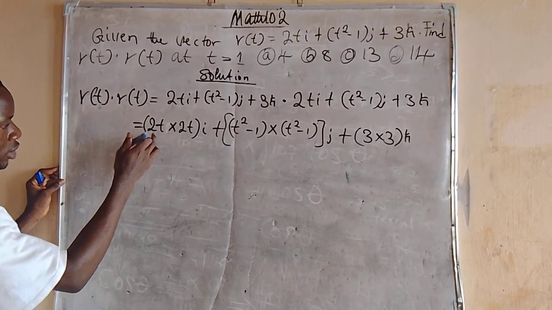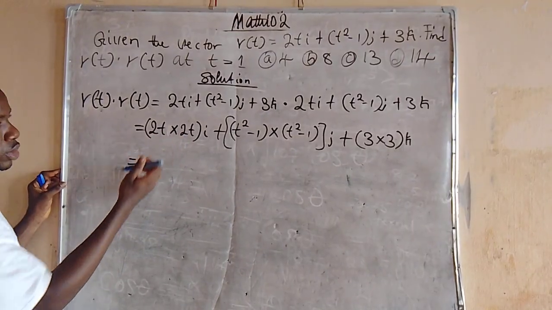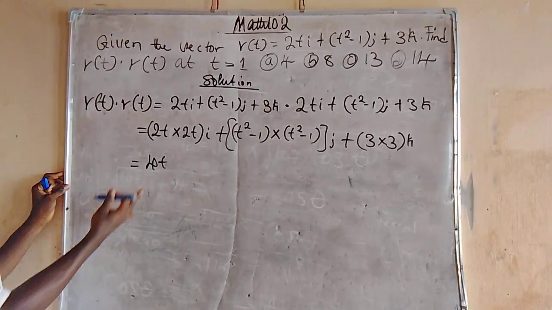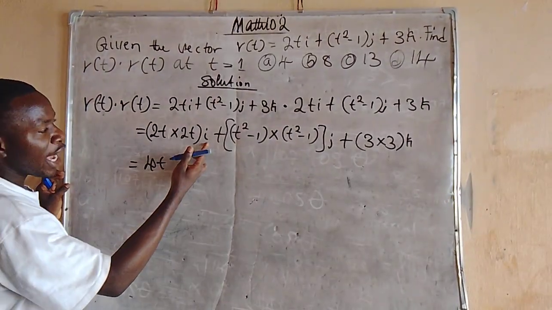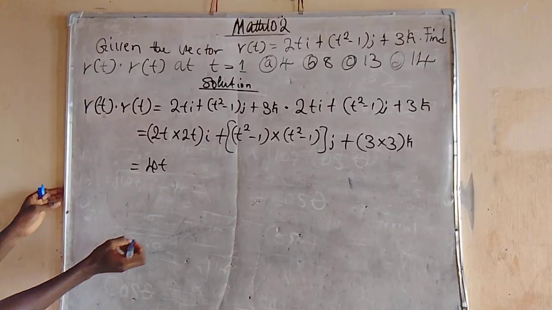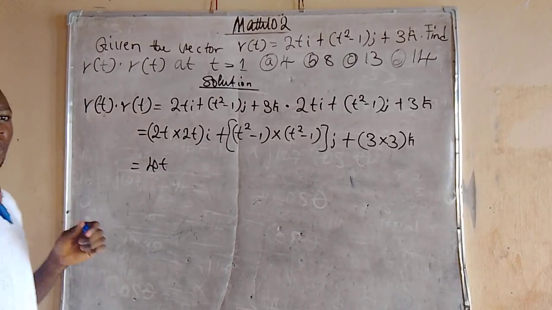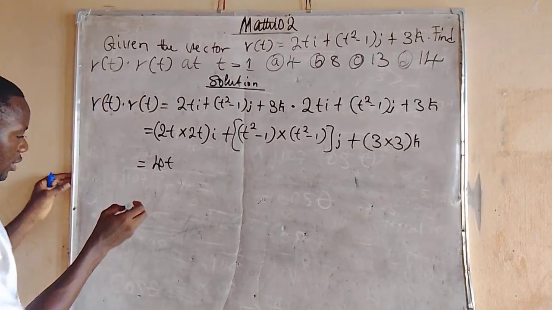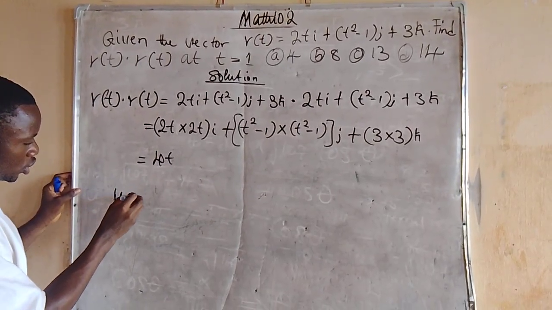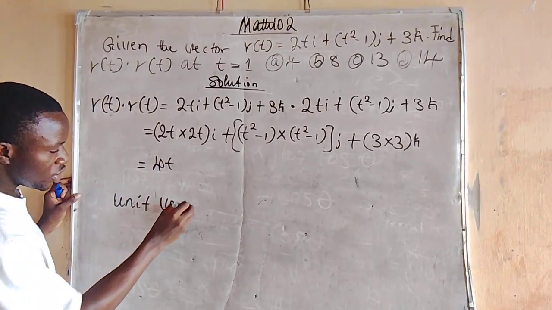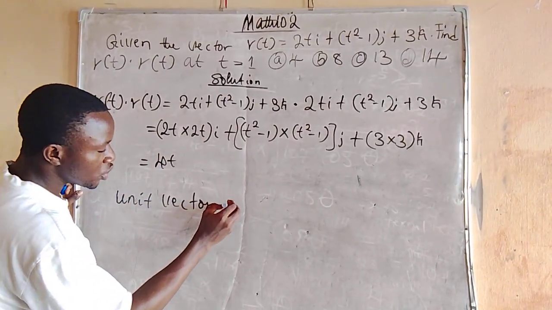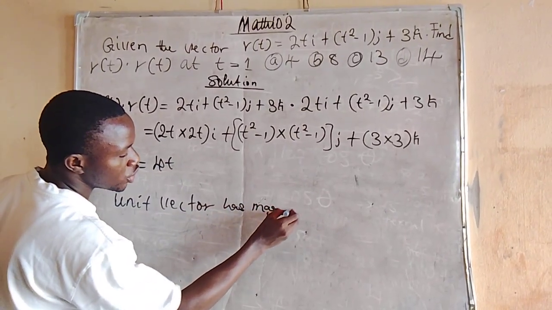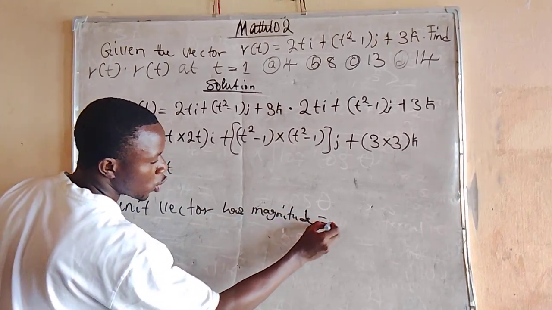This is going to be equal to 2 multiplied by 2, which gives you 4, so everything here is 4t. But remember, we have the i component here, and we said in our previous videos that a unit vector has a magnitude equal to 1.